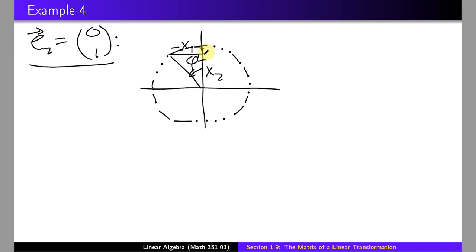Because we started at 0, 1, rotated, the hypotenuse is 1. So we can do just like before, we can use some trigonometry here. If we take sine of phi, that tells us that we end up with basically minus x1 over 1. Cosine of phi is going to give us x2 over 1.